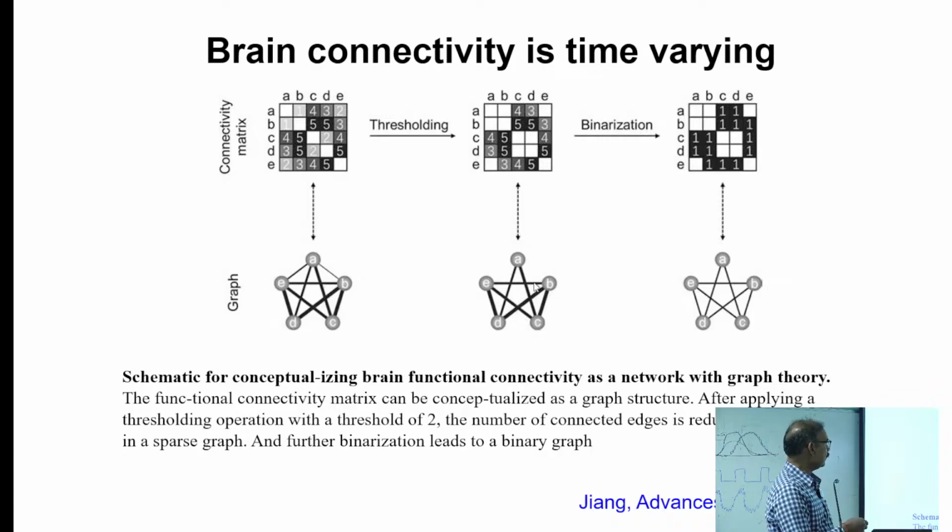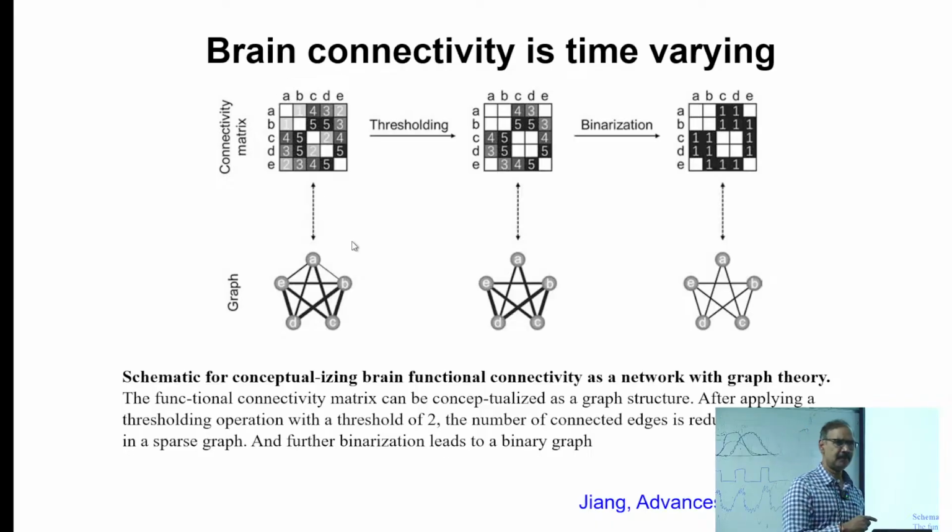Between B and D, it is connected, so it is also a thick line, right? If the connection is low, let's say between B and E, okay, it should be a thin line, okay? So the correlation values would be represented, and this is just showing that.